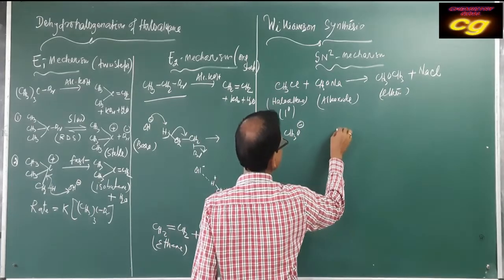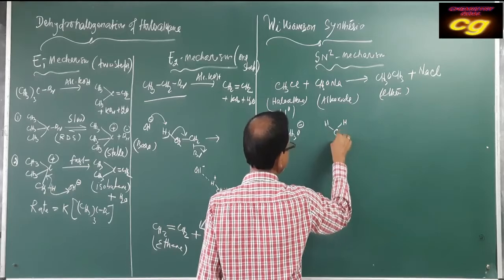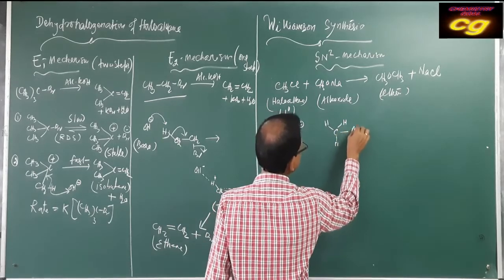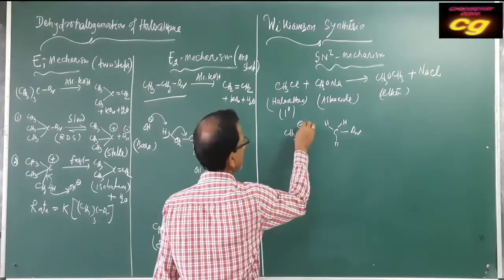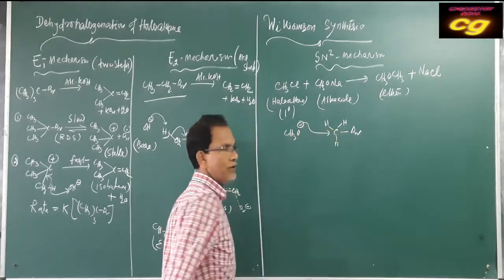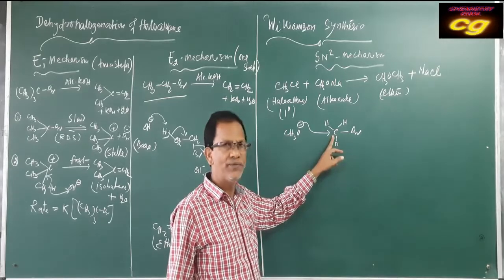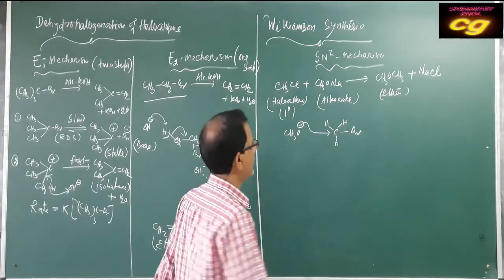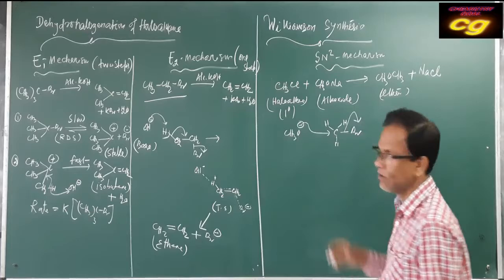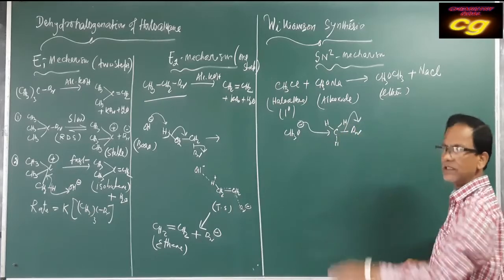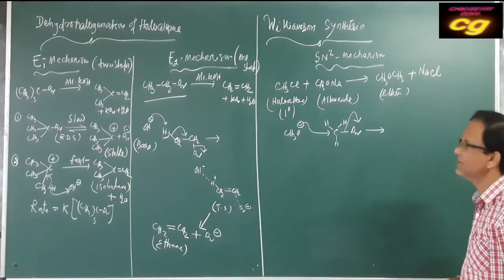It will attack the haloalkane carbon, the electron deficient center of this carbon, then loss of leaving group takes place, and attacking and releasing occur at the same time. That means it proceeds through a transition state.